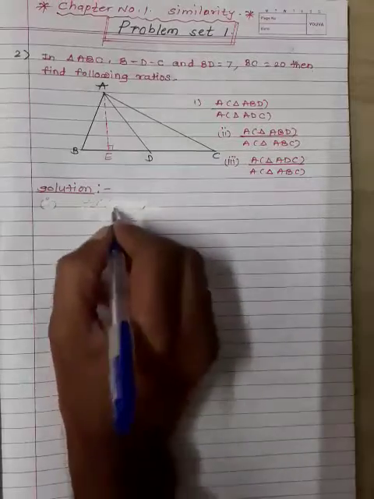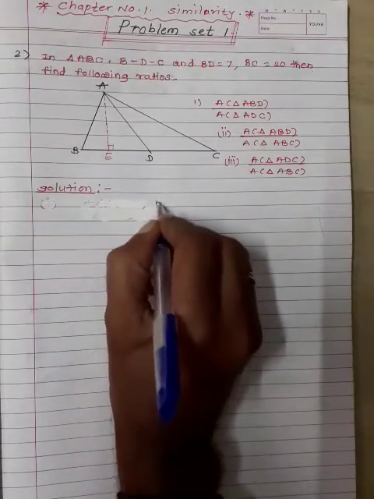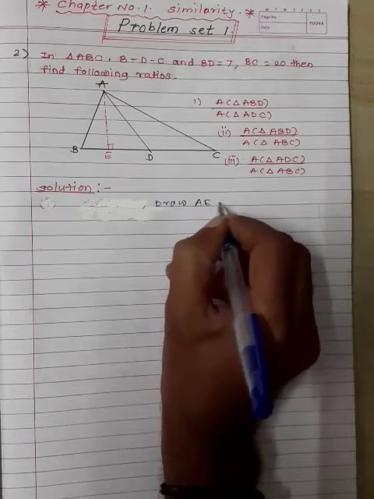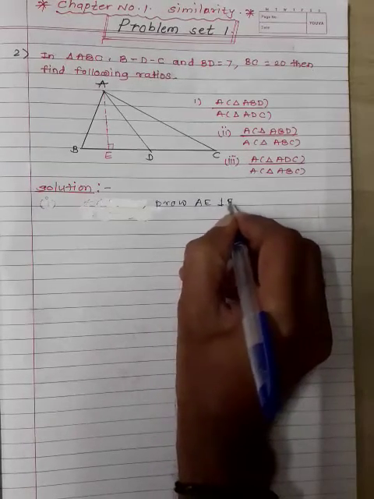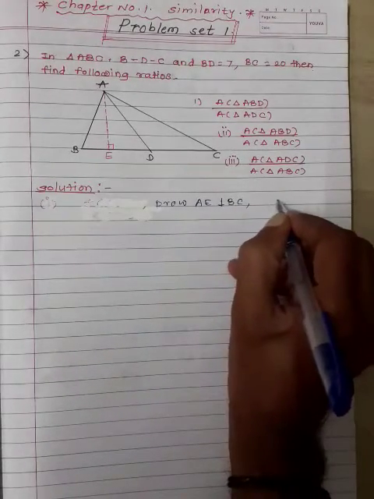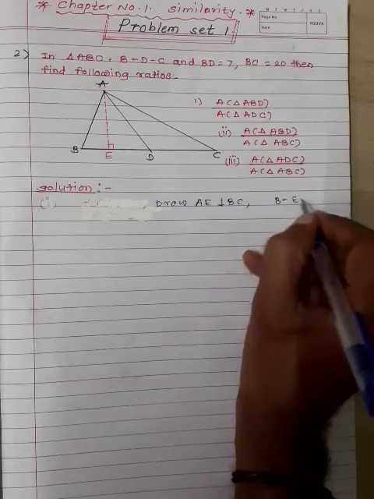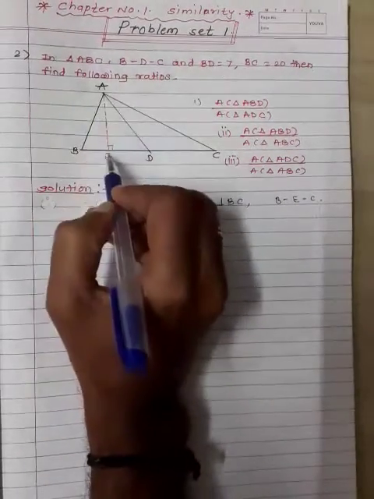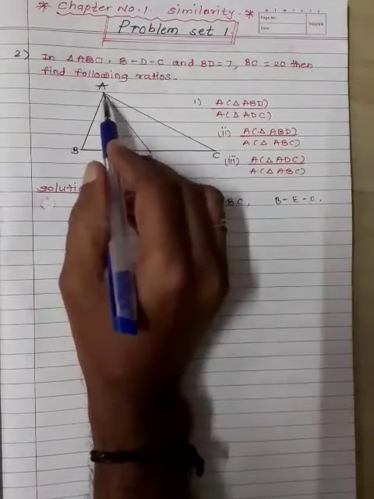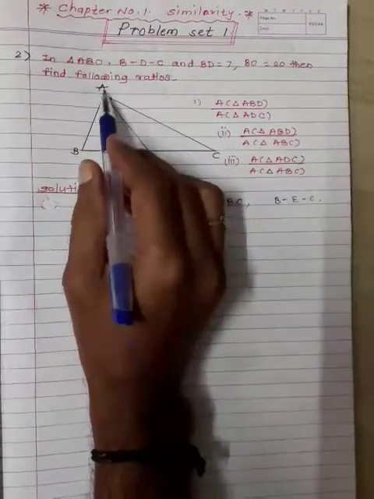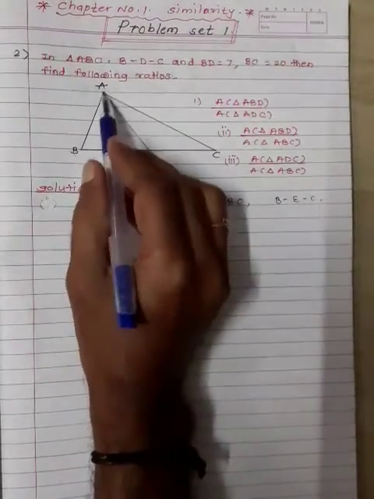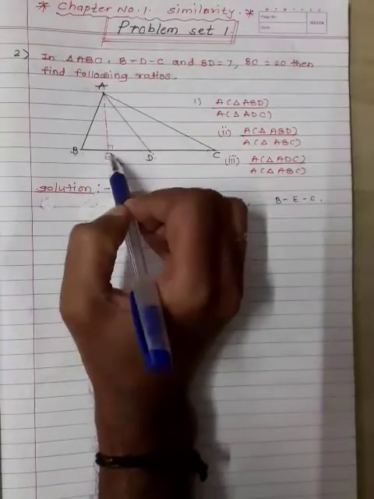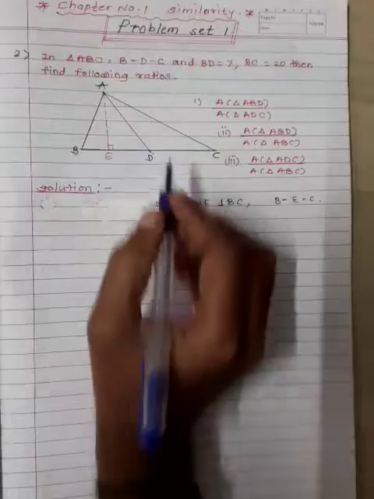Solution. Draw AE perpendicular to BC, E between B and C. Triangles ABC, ABD and ADC have the same height, AE.